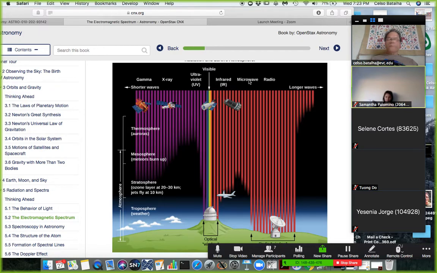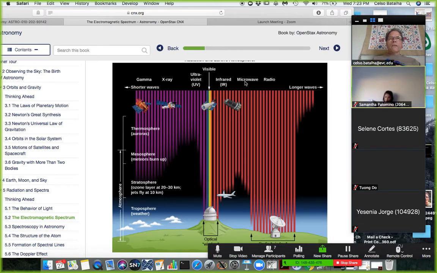And microwave is a... you have a device in your kitchen that uses microwave type of radiation, because microwave is easily absorbed by water and vapor.